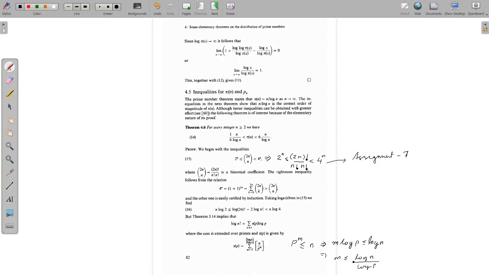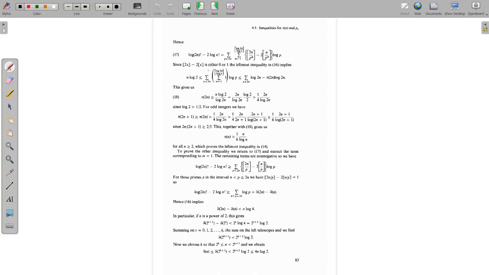So for alpha of p we get an expression like this: sigma m equal to 1 to the integral part of log n by log p of the integral part of n by p raised to m. Now we concentrate on this term, log 2n factorial minus 2 log n factorial. That can be written as sigma p less than or equal to 2n. If we write this, I'll write here log 2n factorial minus 2 times log n factorial.